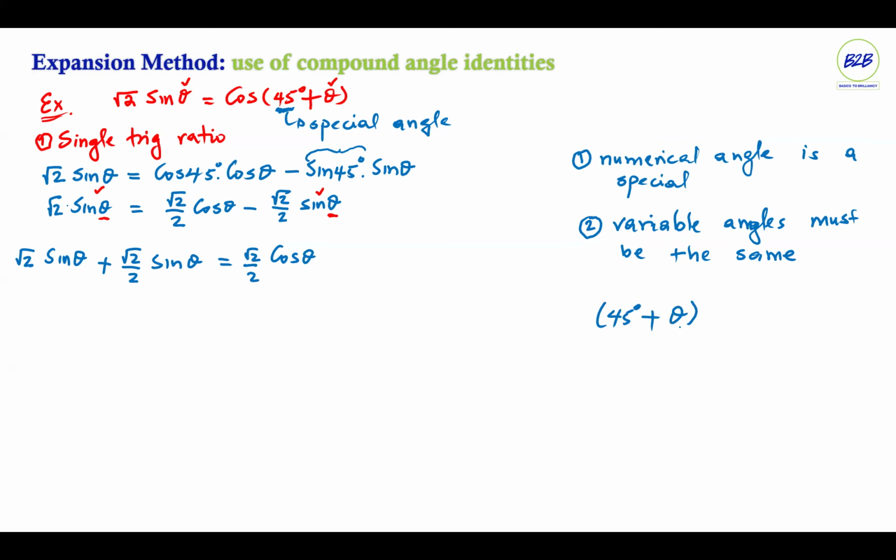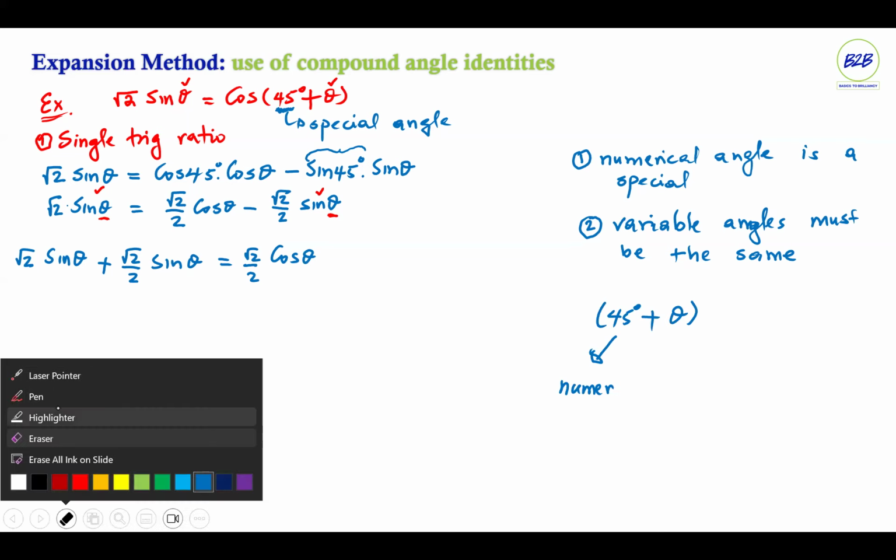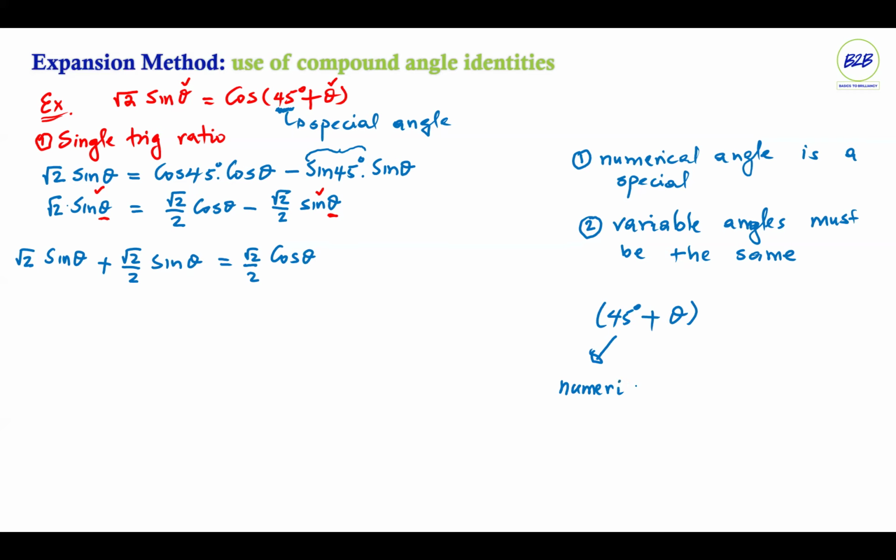If we have 45 degrees plus theta, then 45 degrees is what we refer to as the numerical angle, a number. And then theta is what we refer to as the variable angle.